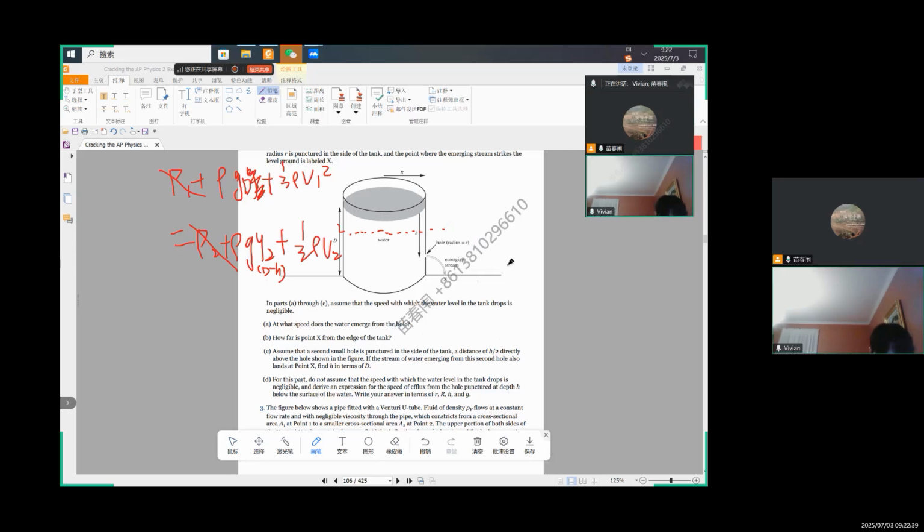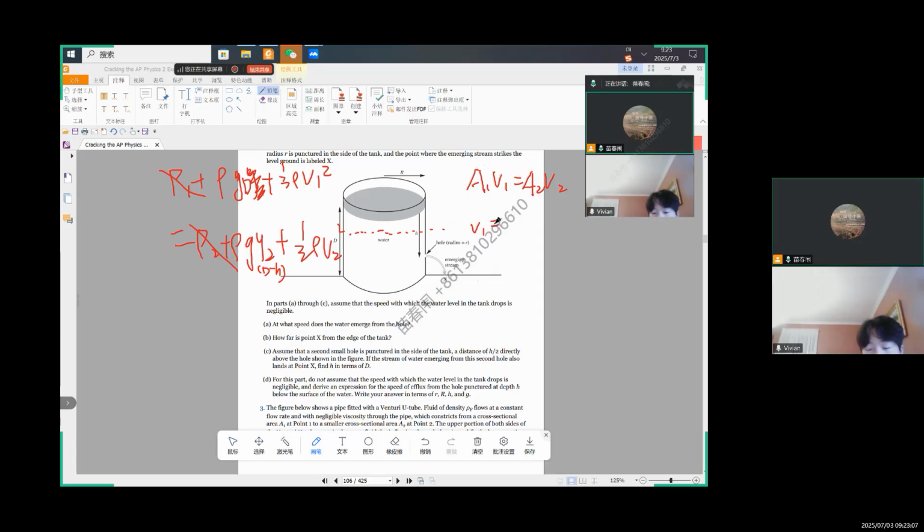So I can write A1 times V1 equals A2 times V2, right? So now I can say V1.